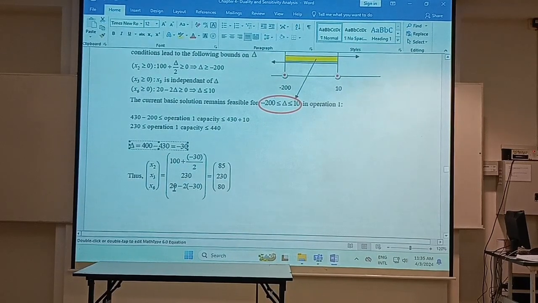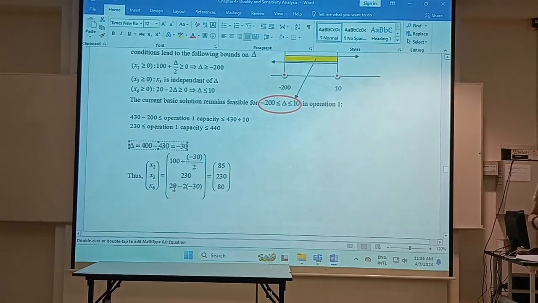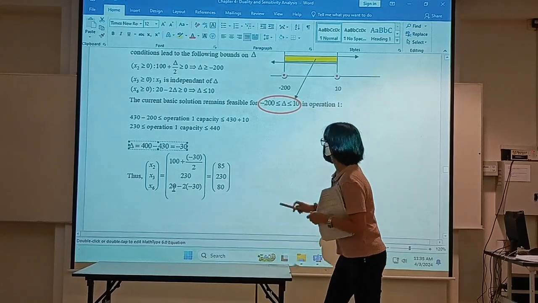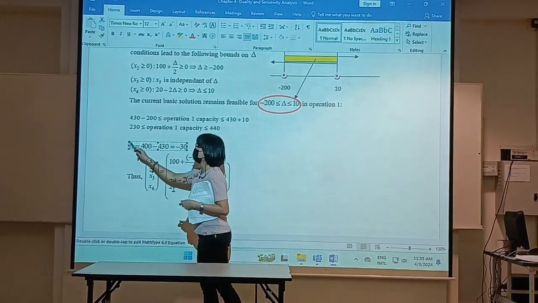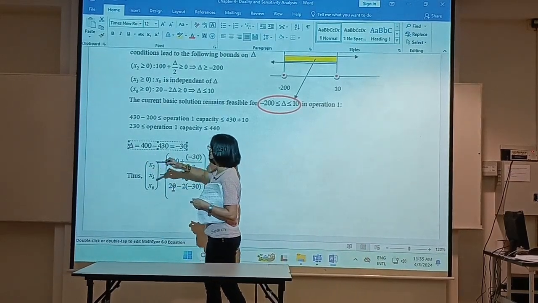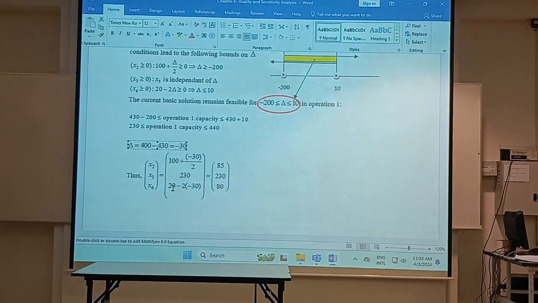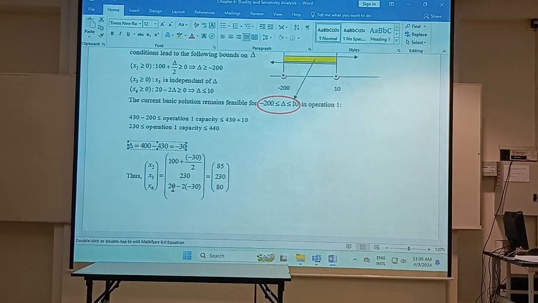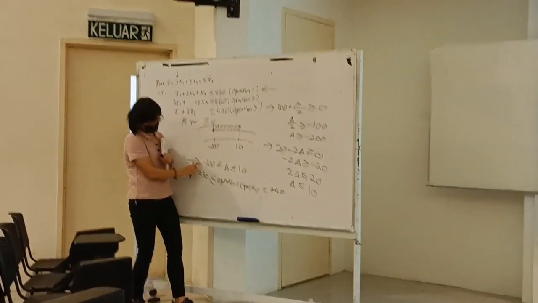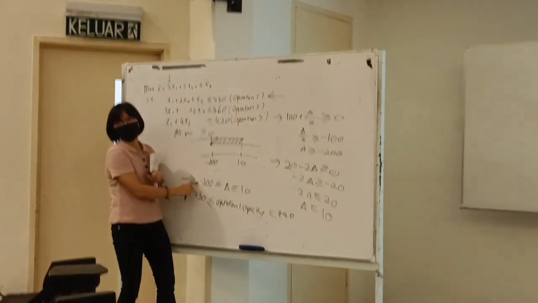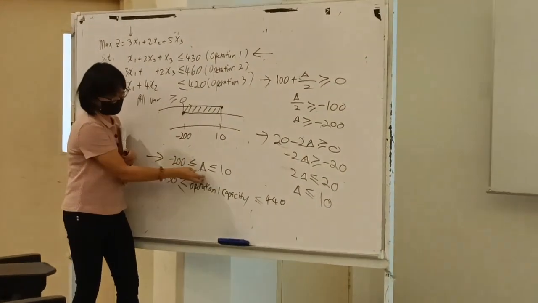Is this negative 30 fall inside the range? See? This triangle stands for the changes. The changes here is negative 30. Is that fall inside the range that we found out previously? Negative 30. Is that fall between this range? That's right. We can go up to negative 200. So negative 30 still fall inside the range here.